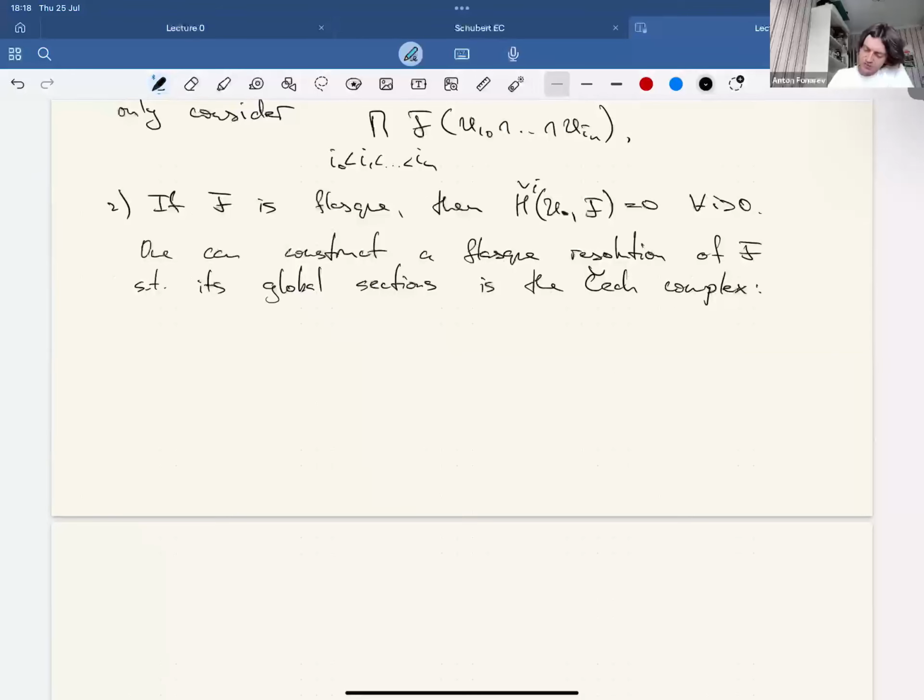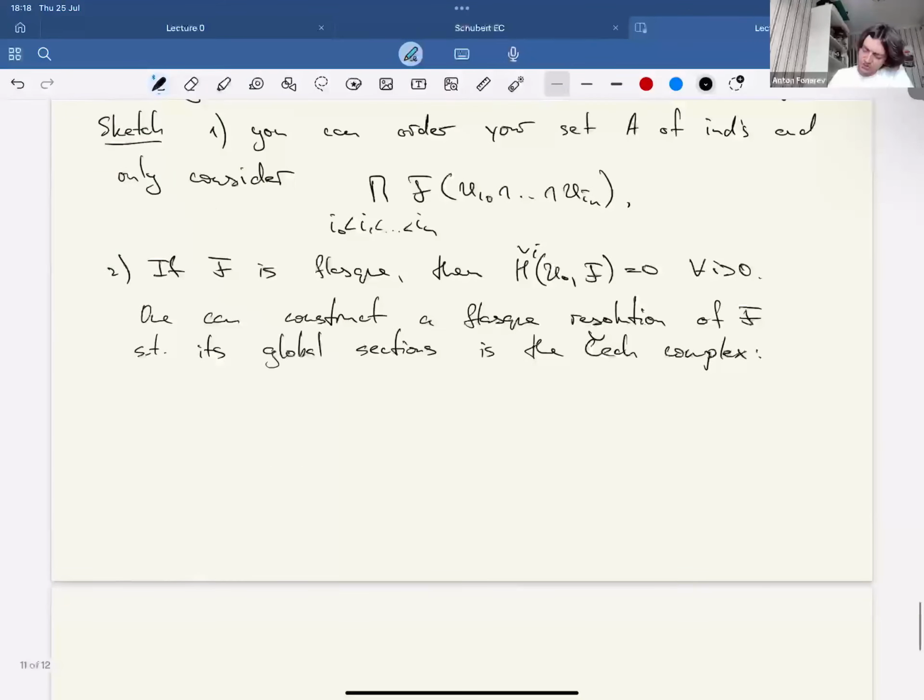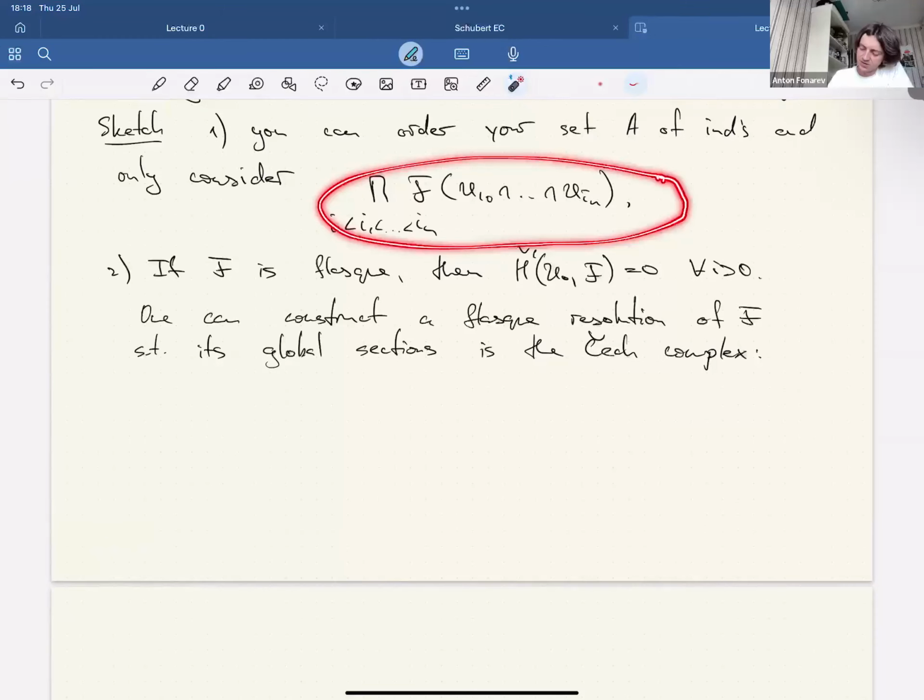And indeed, the resolution looks very simple. Namely, what is the Čech complex? As I've told you, you can consider these sections over first open subsets of your covering, then double intersections, then triple intersections, etc. So let's consider the complex instead.